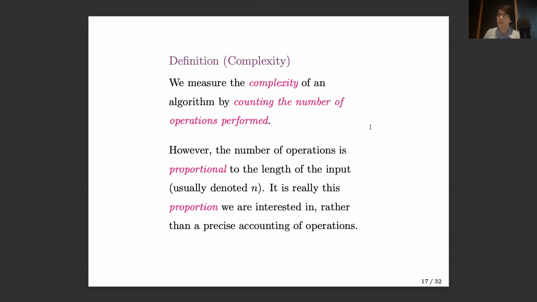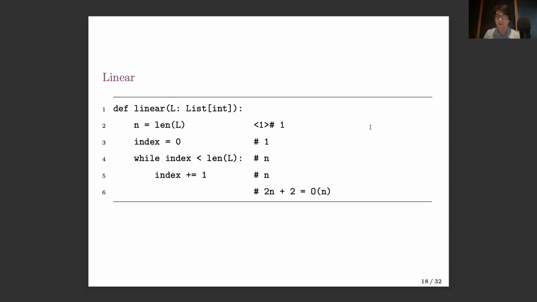It's really this proportion that we care about, and the complexity is the mathematical notation required for communicating what proportion the complexity is. Here's an algorithm which is said to have linear complexity. That is to say that if you double the length of the input, your runtime is expected to double. You're in linear proportionality.